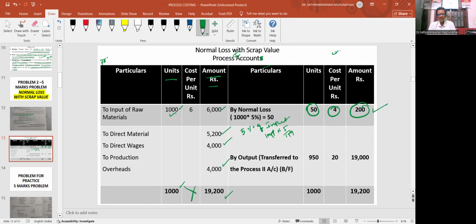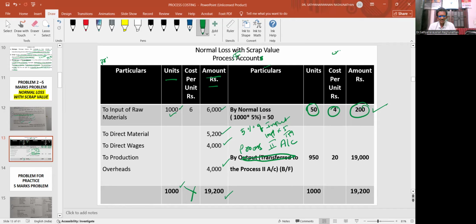Now, coming to the credit side, already you have balanced this one. So here, output should be transferred to the process 2 account. So you write it as output. By process 2 account, within bracket, you can write it as output transfer to process 2 account.